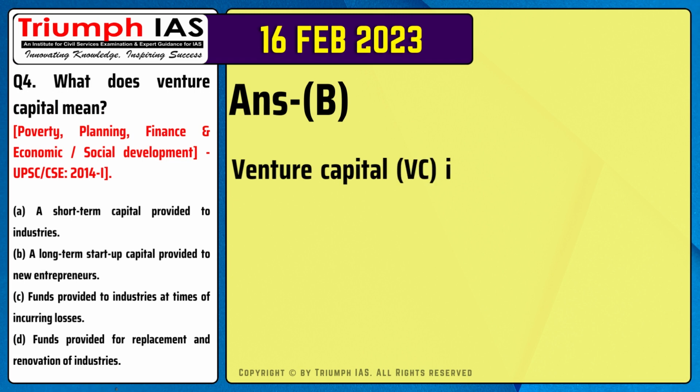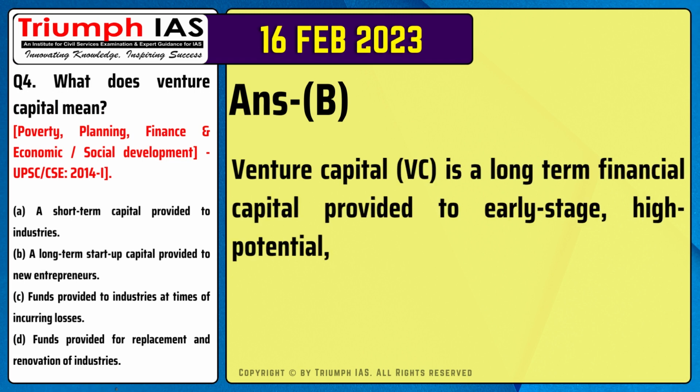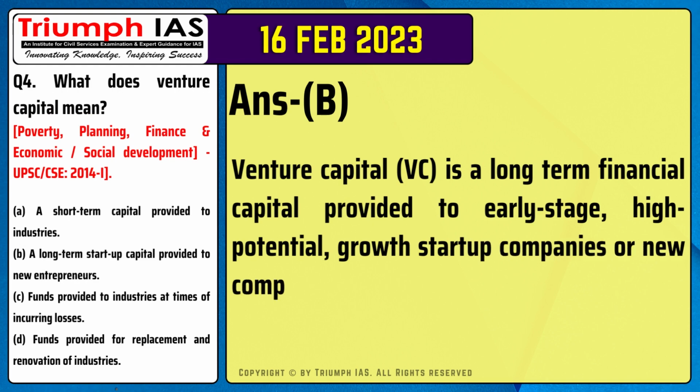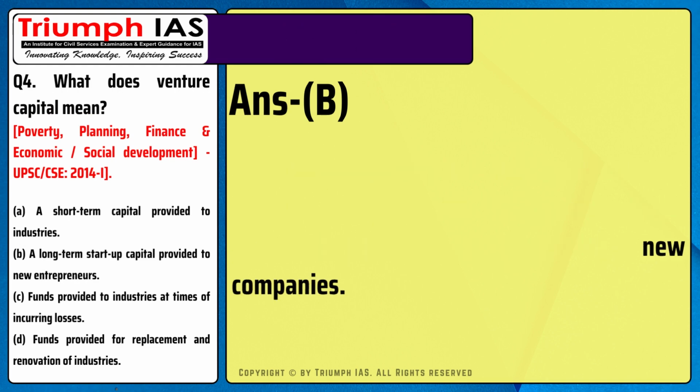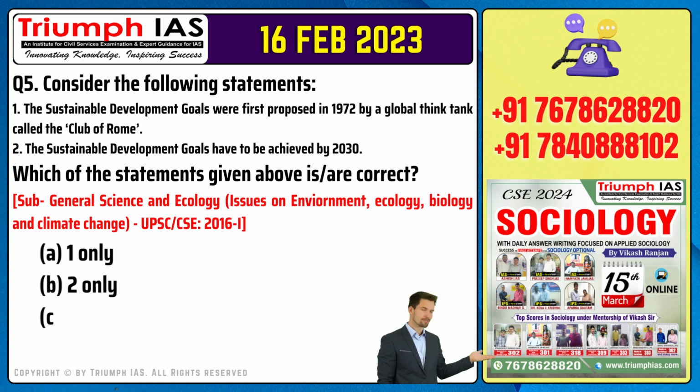The answer is A. Venture capital is a long-term financial capital provided to early-stage, high-potential, growth startup companies or new companies. Question number 5. Consider the following statements. 1. The Sustainable Development Goals were first proposed in 1972 by a global think tank called the Club of Rome. 2.